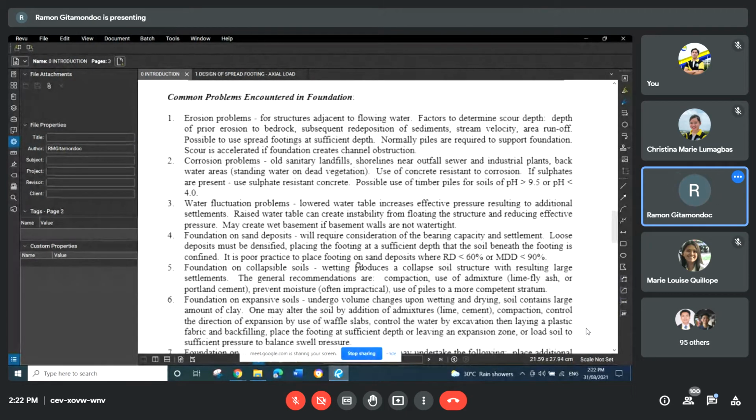So in my practice, I've also encountered this one. When I designed the anchor blocks for retaining structures for a deep excavation, I simply used the soil parameters given in the geotechnical report.